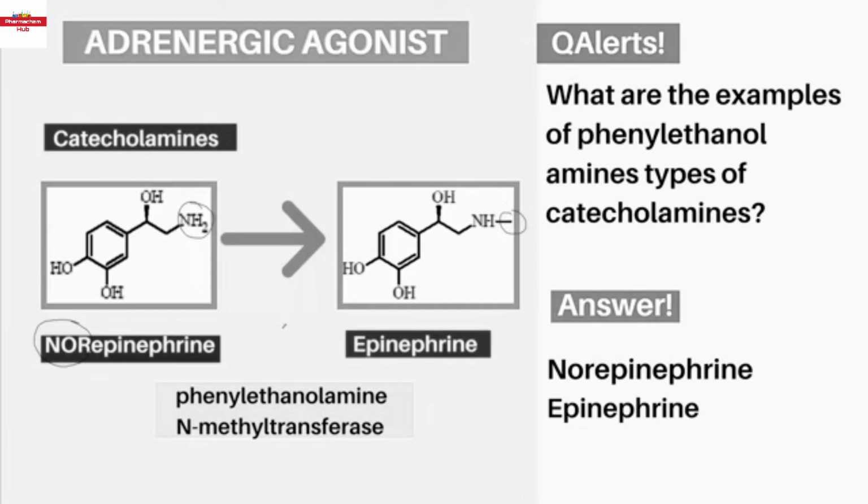So how does this transformation happen from no methyl to methyl? By the enzyme called phenylethanolamine N-methyltransferase. It sounds like the same as the chemical name. That means you're just transferring one methyl onto the nitrogen of norepinephrine, so that makes epinephrine.